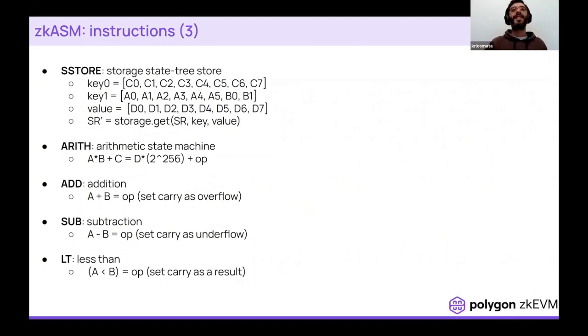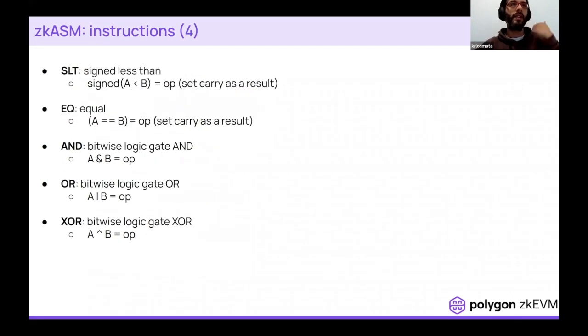It enforces that the intermediate value is indeed the register A plus B in case of an addition. For subtraction, it enforces that the operation is indeed A minus B. Same with less than, equal, and, or, and so on.